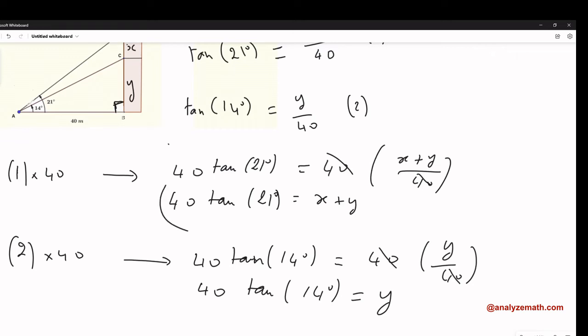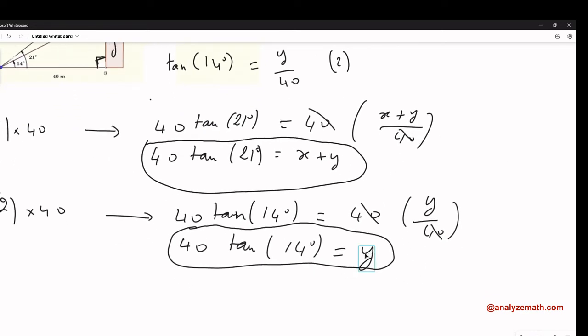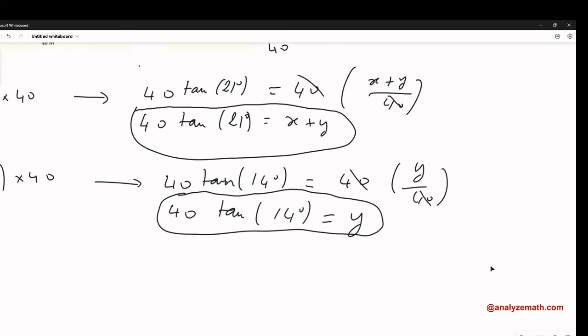Now look at this equation and look at the second equation. We have X plus Y and we have Y. So if we subtract this from this, that's what we are going to get.